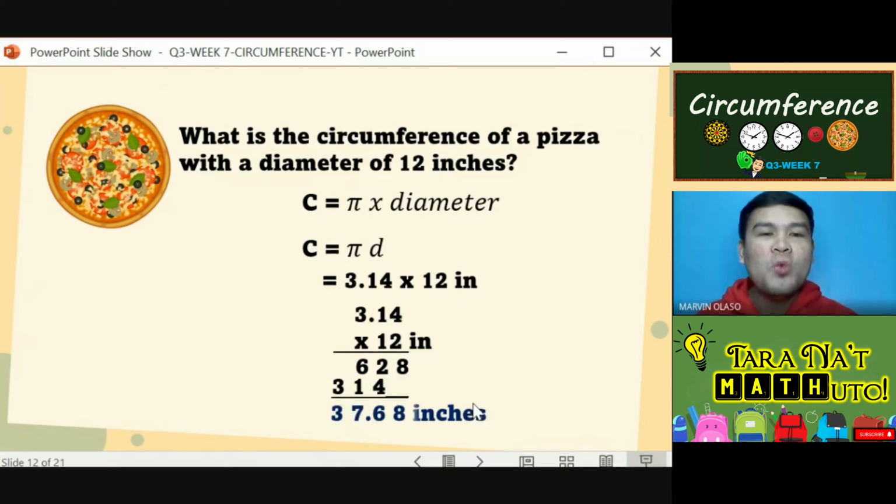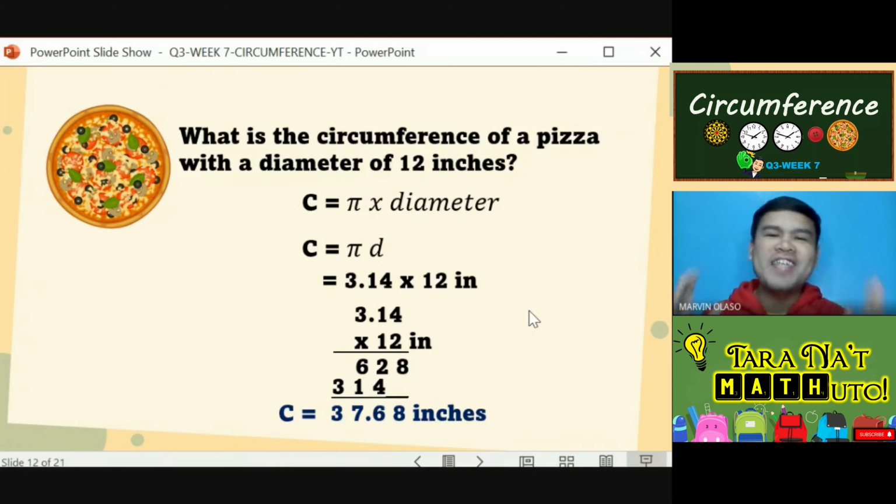Then add, we have 3,768. Then point the decimal point two decimal places. That's why we have 37.68 inches, or 37 and 68 hundredths inches. This is now the circumference of the pizza.